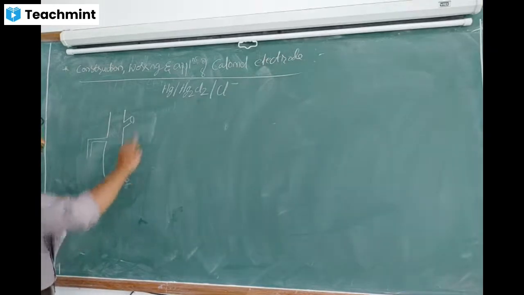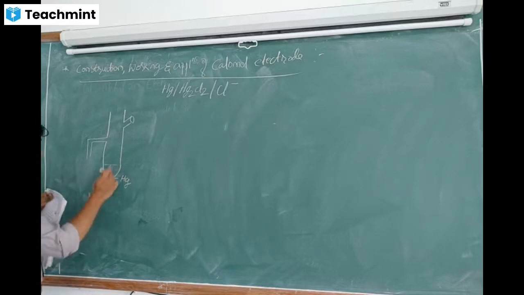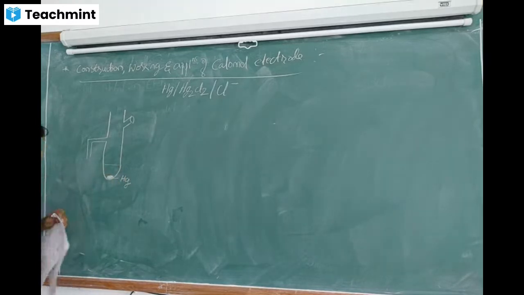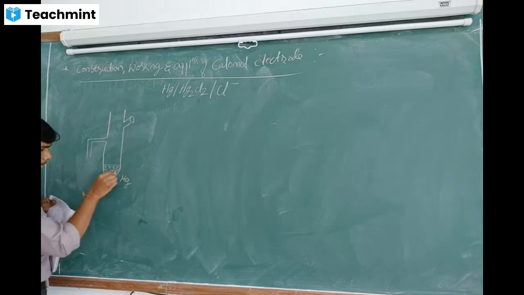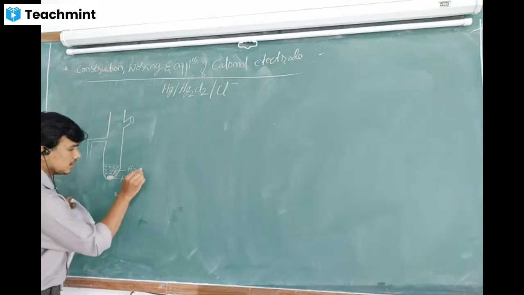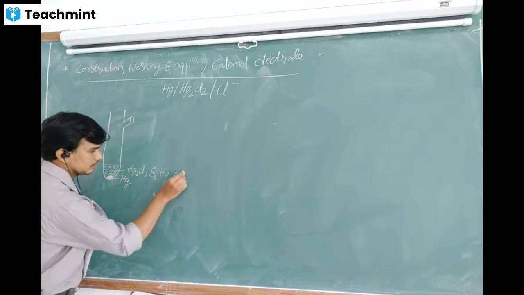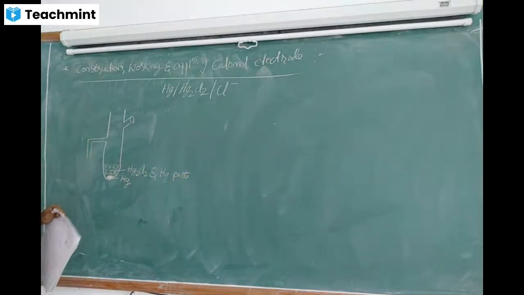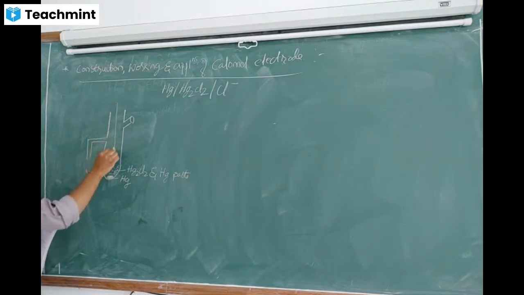We want a metal because it is a metal salt electrode. Above the pure high grade mercury, a paste of mercurous chloride is placed. Okay, it is a paste of mercurous chloride and mercury, in which a platinum wire is inserted.